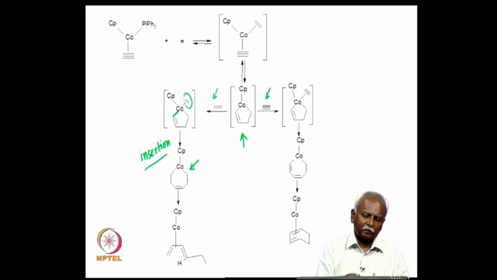On the other hand, if you realize that there are two hydrogens on this carbon, and one of them is very close to this alkyl group, which is attached to the cobalt.